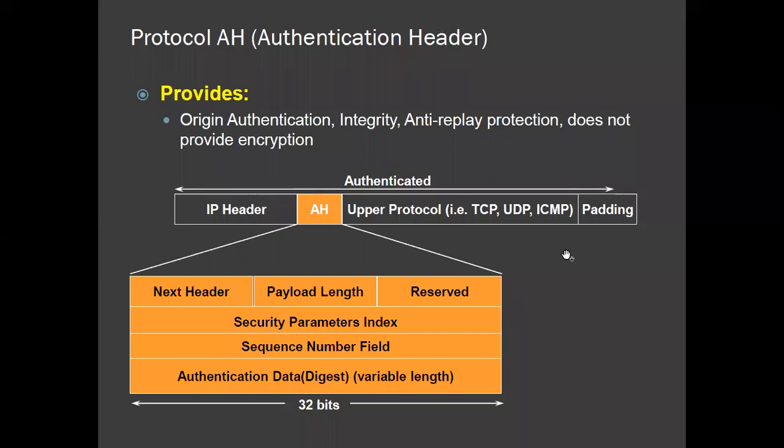Before understanding these fields, first I will explain how this authentication header is inserted. First, the authentication header is added to the payload with the authentication data field. The last field in the authentication header format is the authentication data, which carries the message digest.